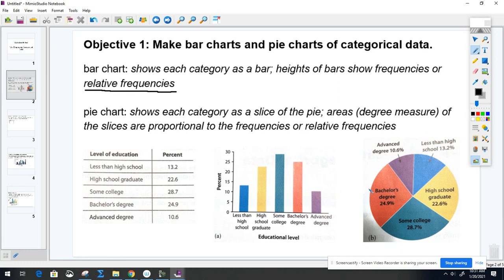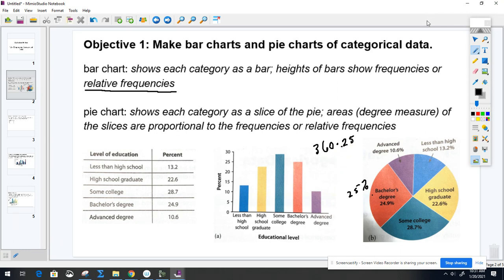And how we find these angles, we could find the angles if we had to create our own. So 25%, okay, 24.9 is relatively close to 25%. Well, how many degrees are in a circle? There's 360. So if we wanted to find 25% of 360 degrees, we would multiply 360 times 0.25.